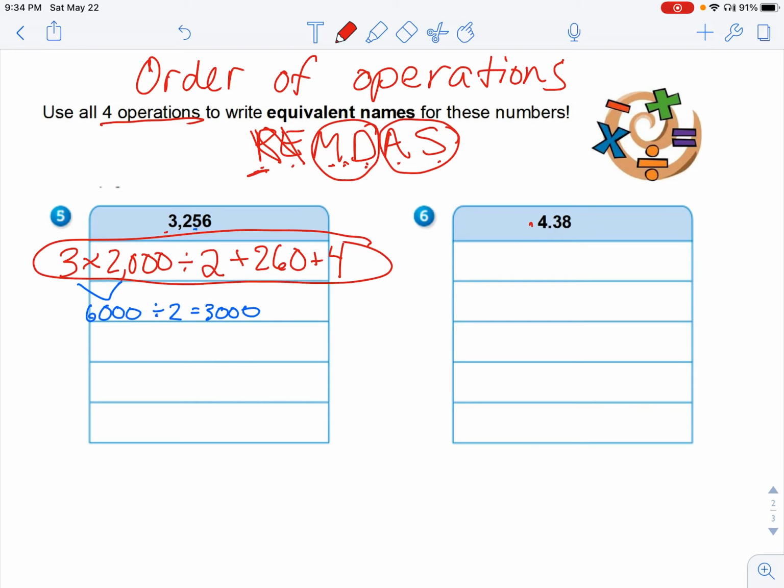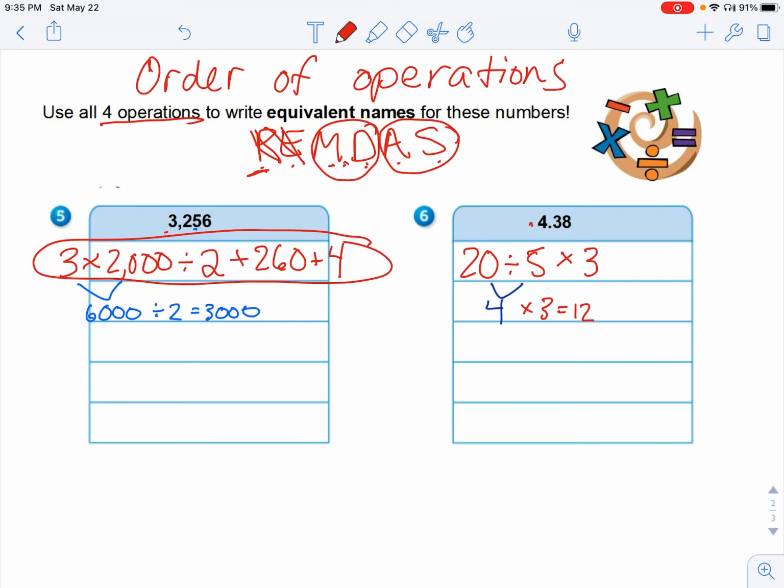So let me do 20 divided by 5, because that would get me down to 4. And then maybe I'll multiply by 3, because I know 4 times 3 gets me back up to 12.